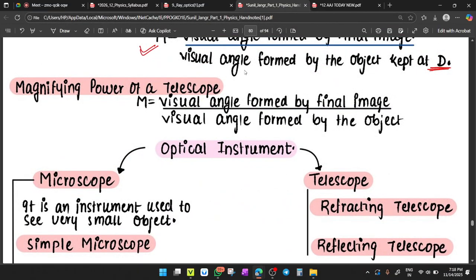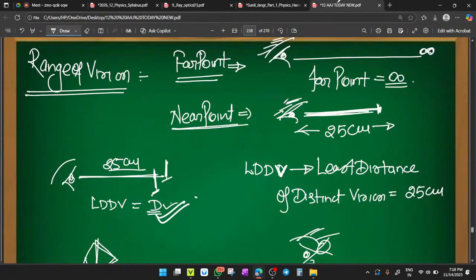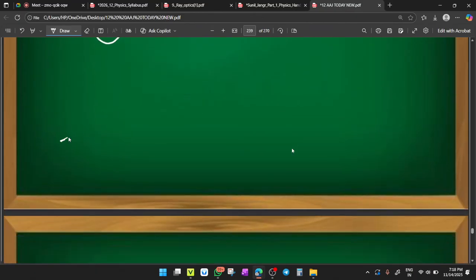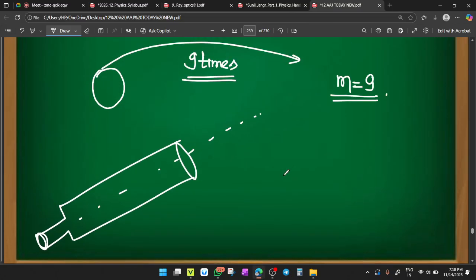Next is magnifying power of a telescope. So what is the magnifying power of a telescope? Telescopes are used to see objects at long distances. So like this is a telescope and it is used to see heavenly planets or astronomical bodies at very large distances.